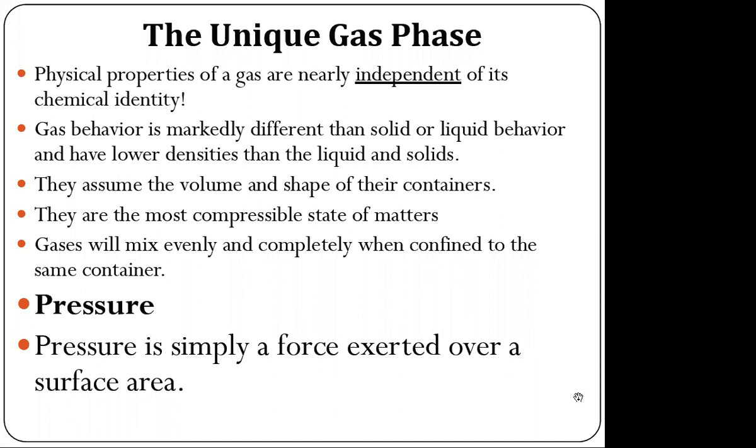Because they are distant from each other, gases assume the volume and the shape of the container they occupy, and they can mix evenly because of the random motion of their particles, and they can diffuse and occupy the confinement of the container.